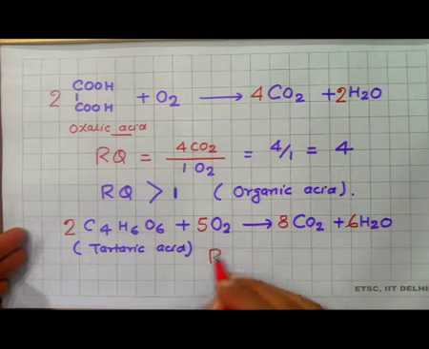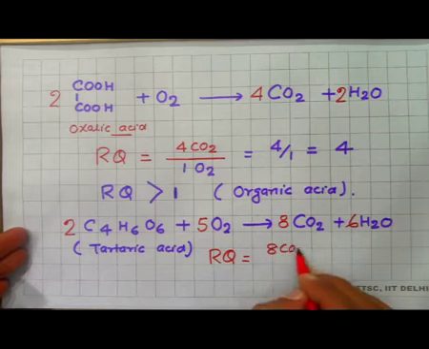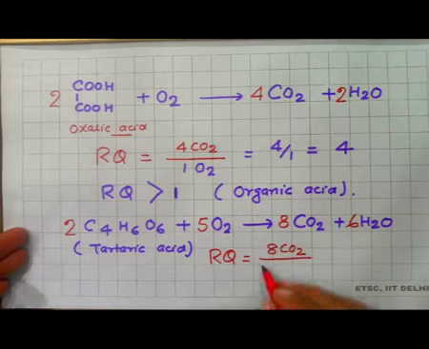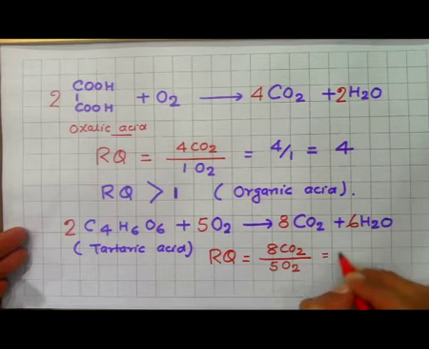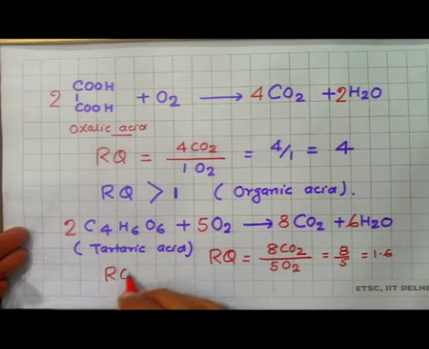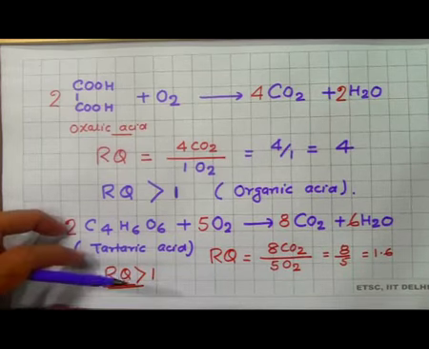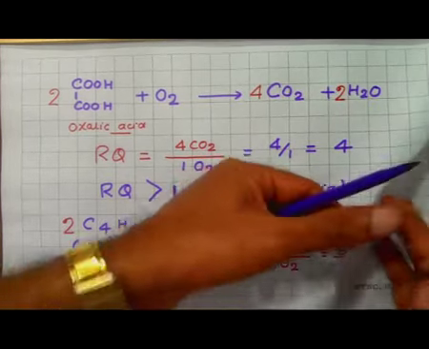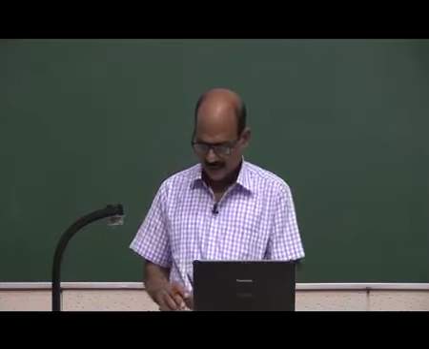The RQ will be 8 CO2 evolved and 5 O2 consumed, that means 8 by 5, which is 1.6. Here also RQ is greater than 1, that means the respiratory fuel will be organic acid.